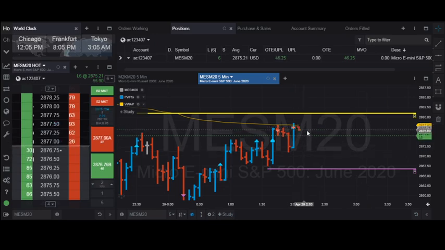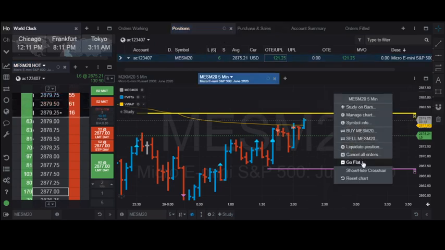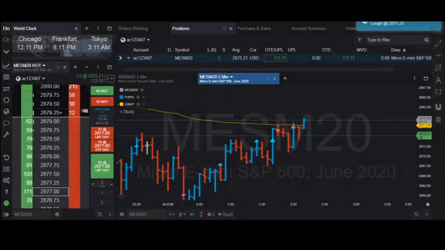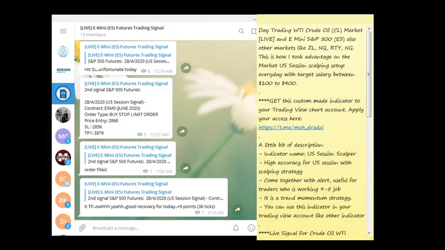So we are about to cross the VWAP line, and that's what we're seeing at this moment. You can see that the market will change direction perhaps for the rest of the day, I mean for the US session. Alright, let's resume back again. At this moment looks good. We are above the VWAP area. So overall profit now is 137 US dollars. So let's just exit. We hit the profit target based on my Telegram channel as well.